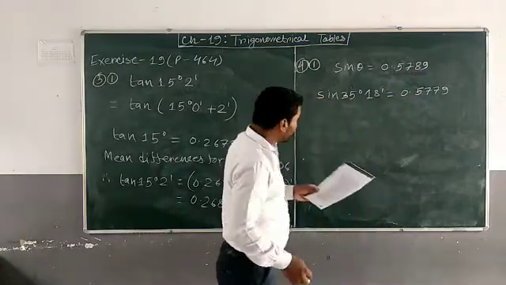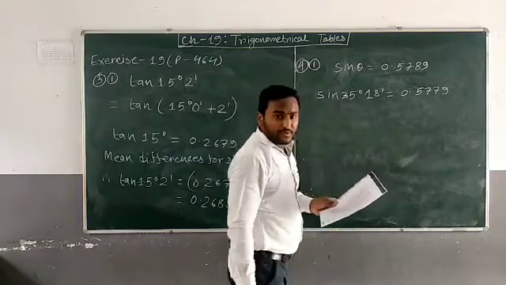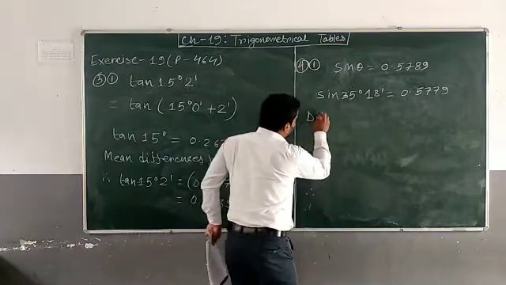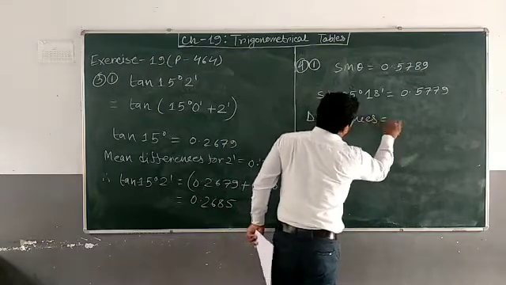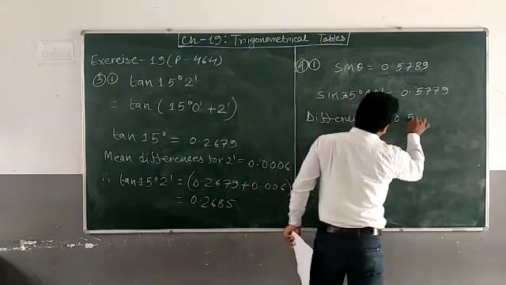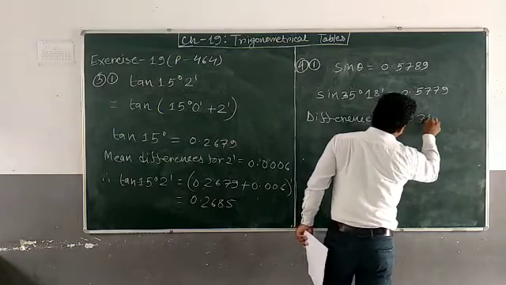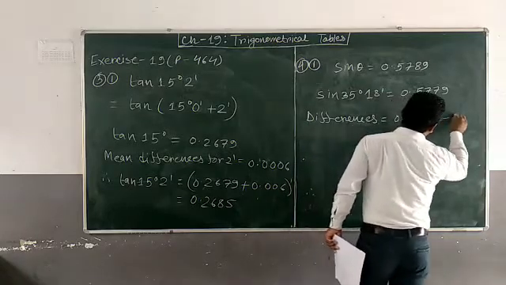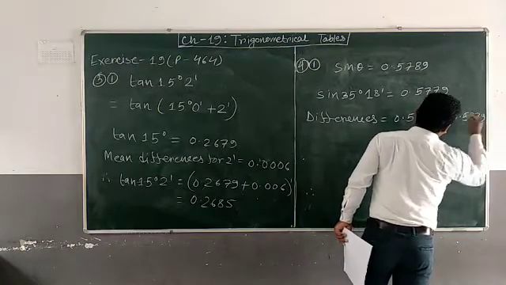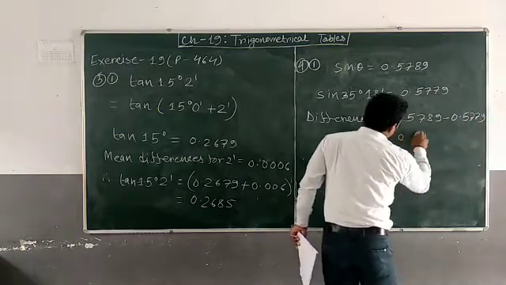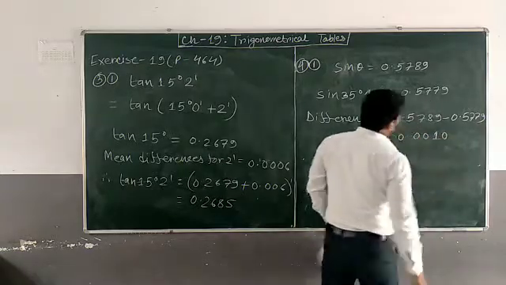Then you have to find the differences. So differences is equal to 0.5789 minus 0.5779, that is equal to 0.0010.